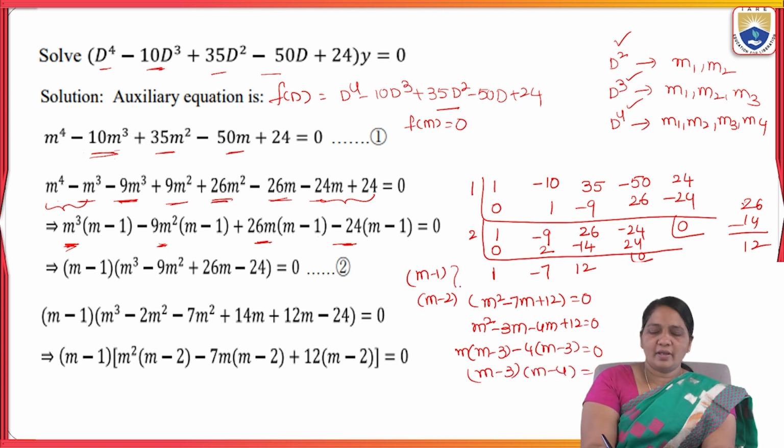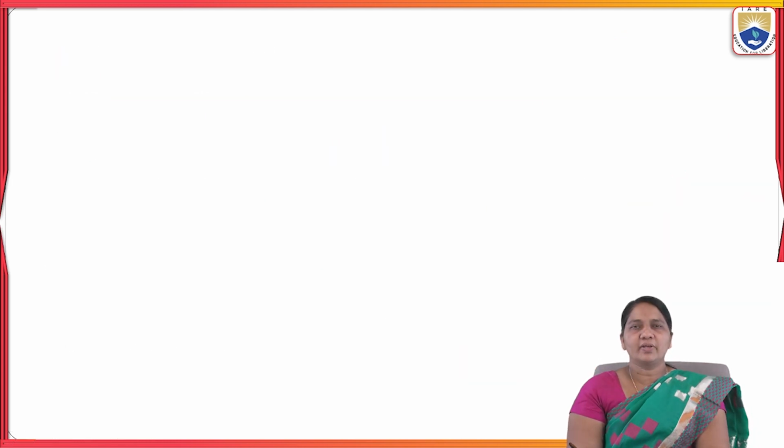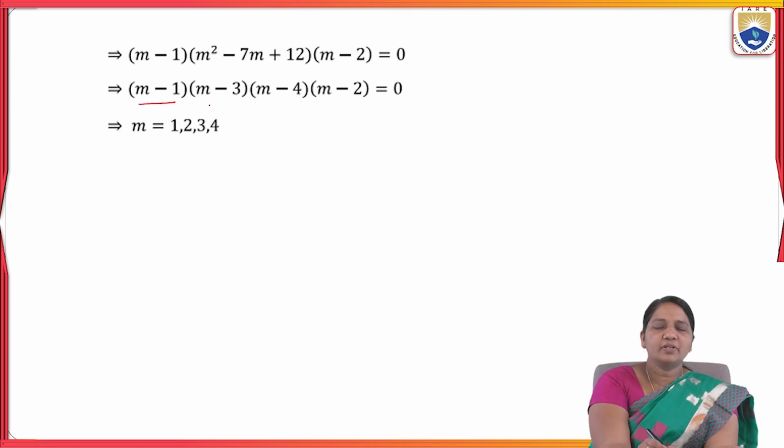So already I have m minus 1 into m minus 2, and two more values, m minus 3 into m minus 4. In this method also, when we simplify this, we get m minus 1 into m minus 2 into m minus 3 into m minus 4.